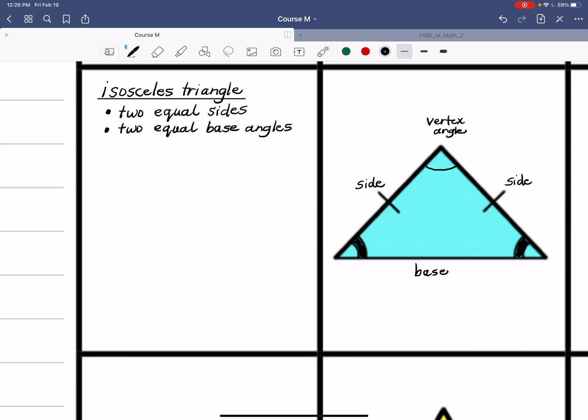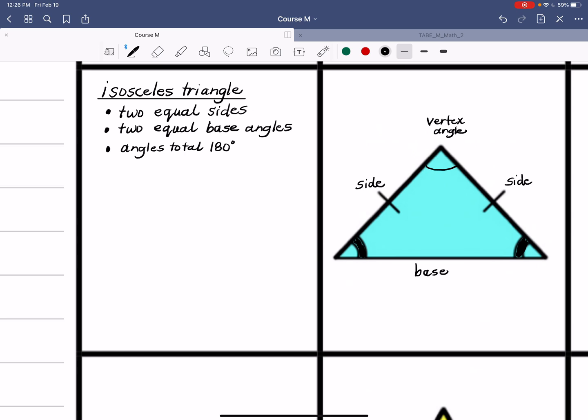And what else was I going to tell you? Oh, duh. Angles total how much? 180 degrees. To get into the triangle family, you have to have 180 degrees.